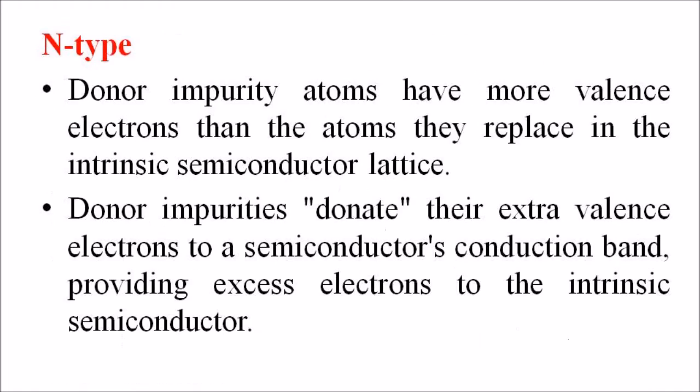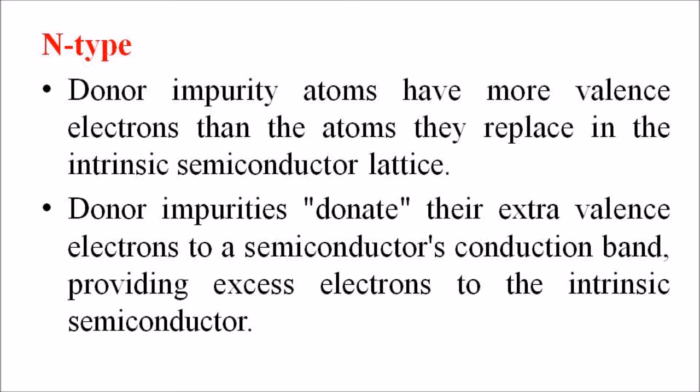The donor impurity atoms have more valence electrons than the atoms they replace in the intrinsic semiconductor lattice. Donor impurities donate their extra valence electron to a semiconductor's conduction band, providing excess electrons to the intrinsic semiconductor.